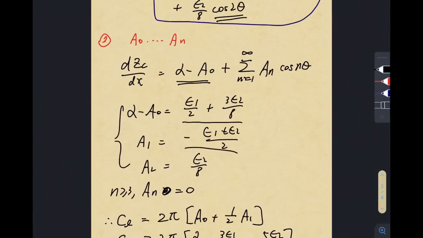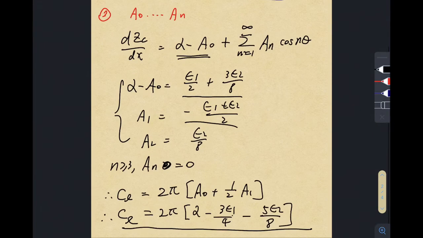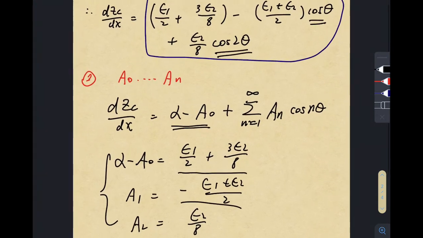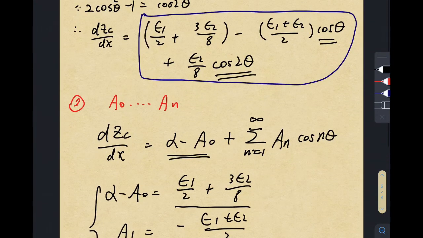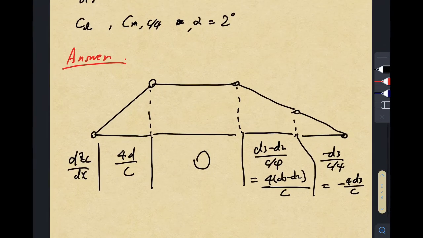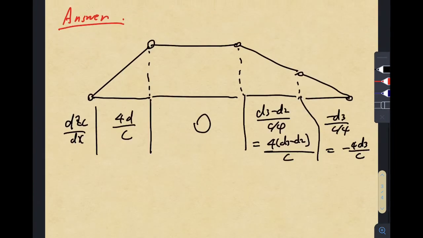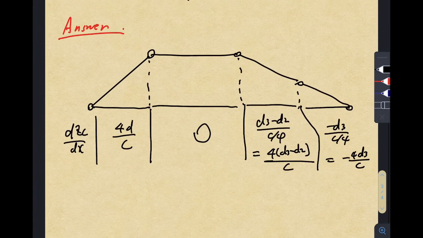Remember that in our previous problem, we were so lucky that we didn't have to perform integration to figure out the coefficients A naught to A n. But here we are not so lucky anymore, so we have to compute some integrations to get A naught to A n.